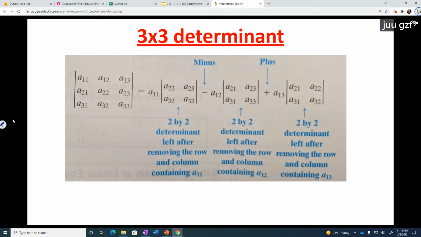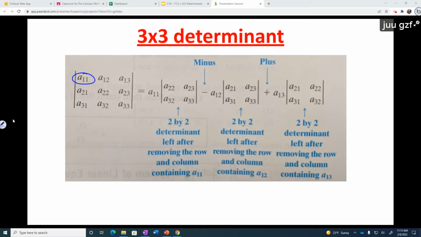There's actually two ways to find the 3x3 determinant. This way is the way that we'll primarily use, but if you want to do the other way, that's fine. This one basically turns the 3x3 into a bunch of 2x2 determinants, which we know how to do. So I want to show you the pattern here. The first, A11, just stands for first row, first column.